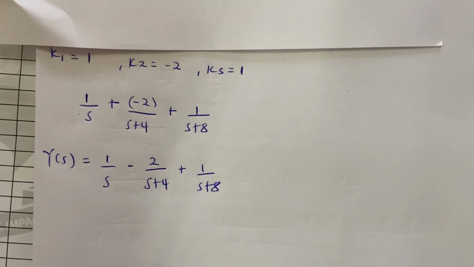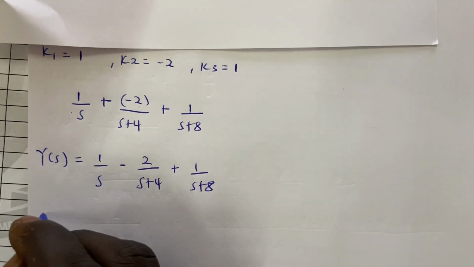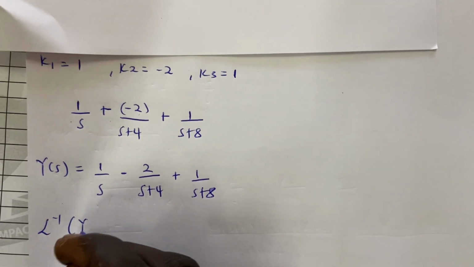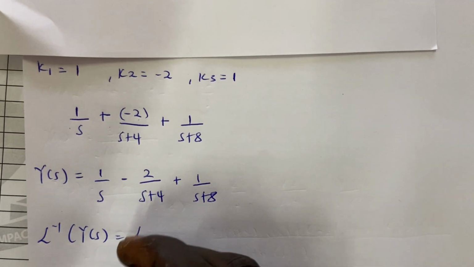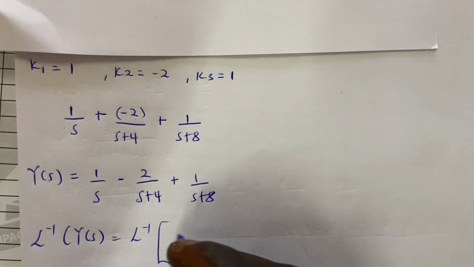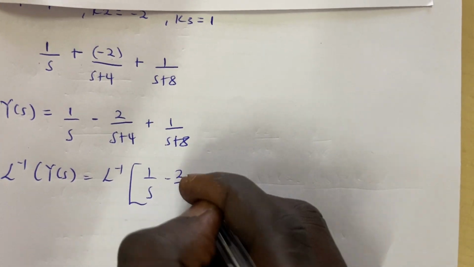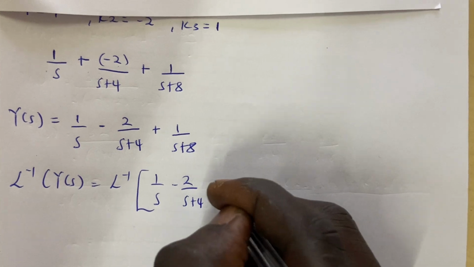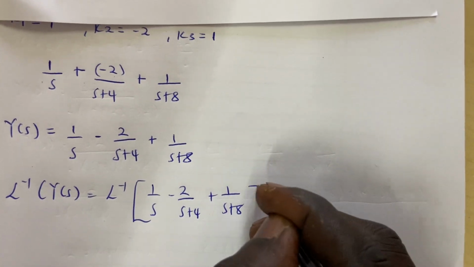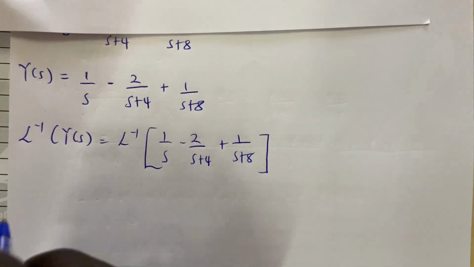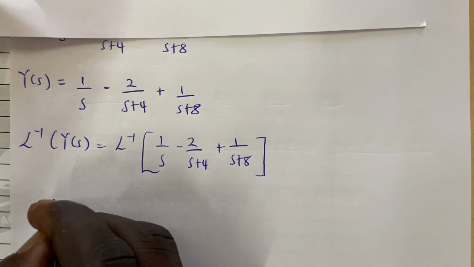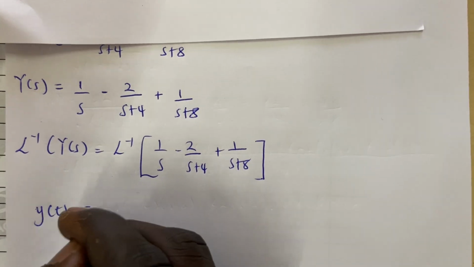Going through our inverse Laplace, the inverse Laplace of Y of s is equal to the inverse Laplace of 1 over s minus 2 over s plus 4 plus 1 over s plus 8.